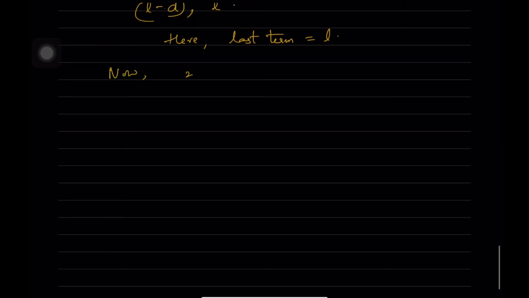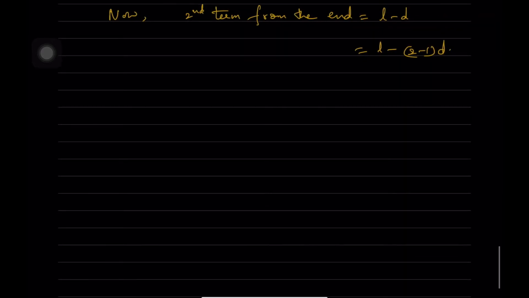Now the second term from the end is equal to l minus d, which is l minus 2 minus 1 into d. The third term from the end is equal to l minus 2d, which is l minus 3 minus 1 into d.